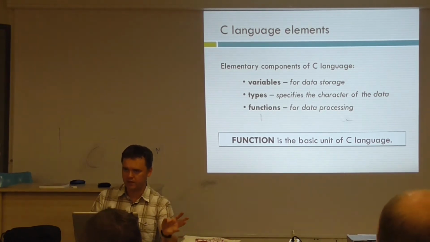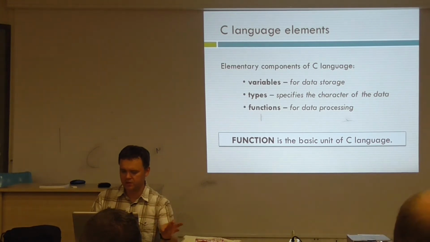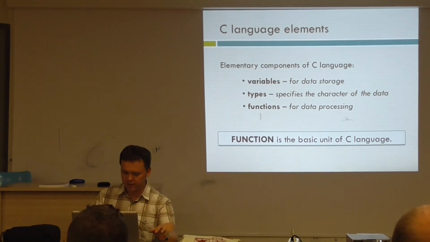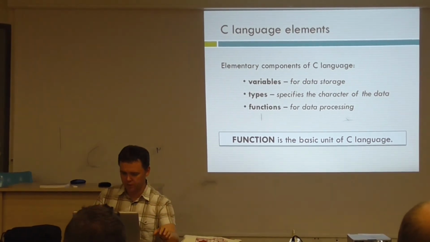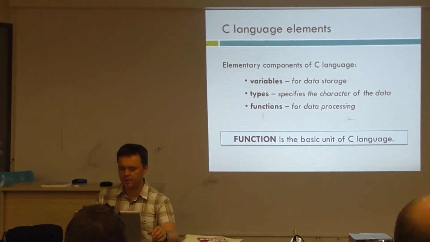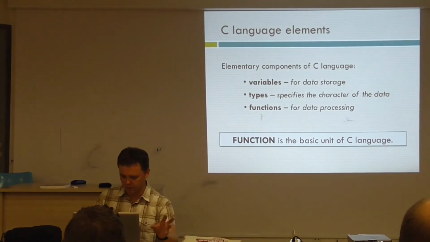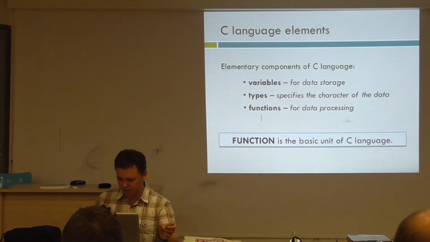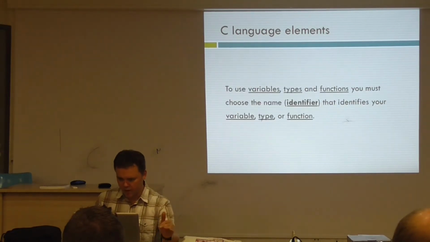So where the function is basic unit, okay, we can compile it, and store into library. Whilst I prefer the name package for classes, basically unique in Java, but of course Java library is also common name for that. Okay, according to variables, type and functions, similar in Java and C, we have to find good identifier.